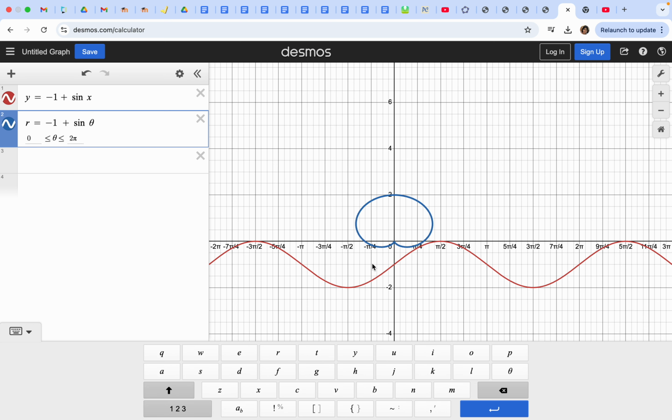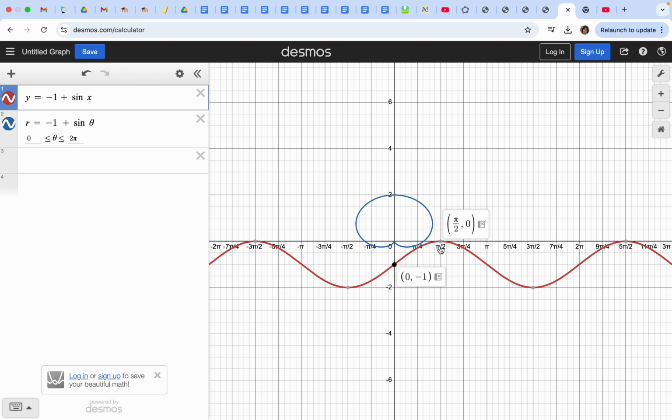There's our theta, right? So here we have what's going on, and we're only concerned with 0 to pi over 2, from here to here. From here to here, we can see that this graph is negative and increasing.